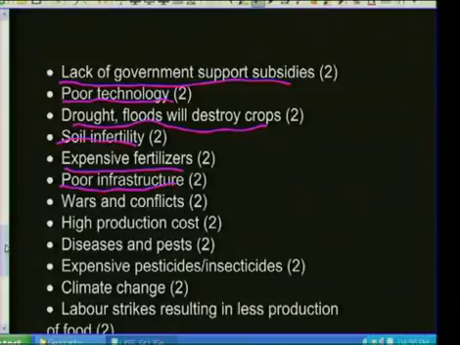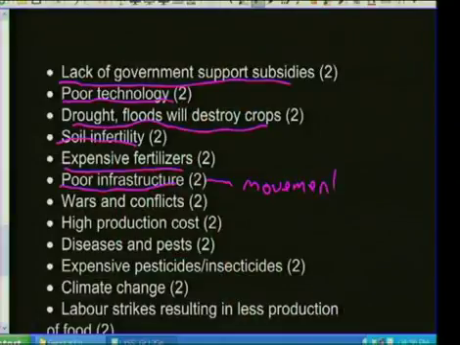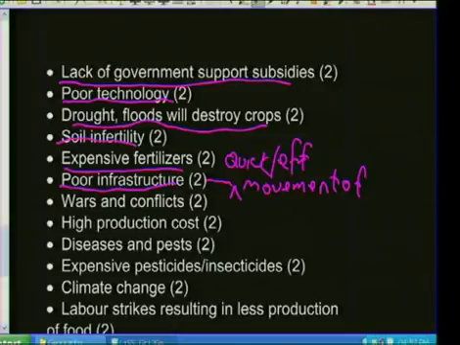I could take this further and say poor infrastructure limits the quick movement of goods, okay? I would say quick movement of goods or efficient movement of goods, okay? Quick or efficient movement of goods, all right?